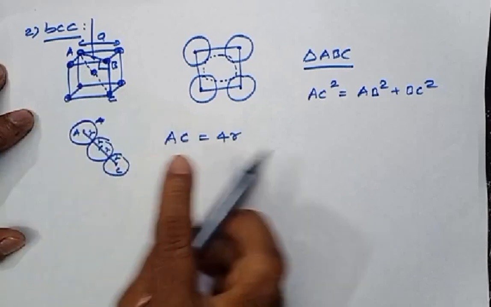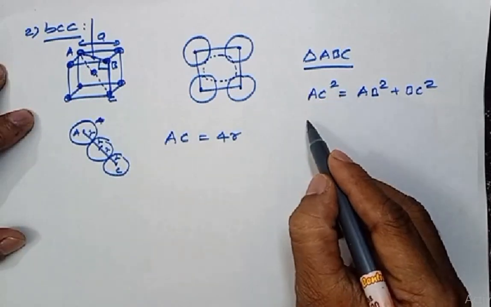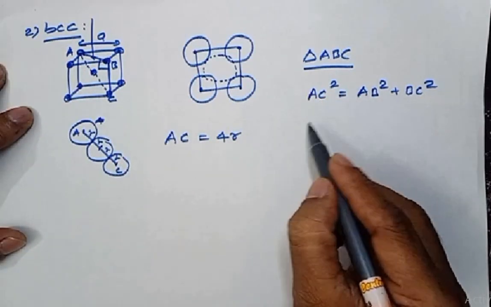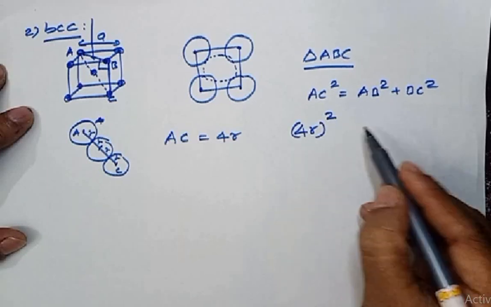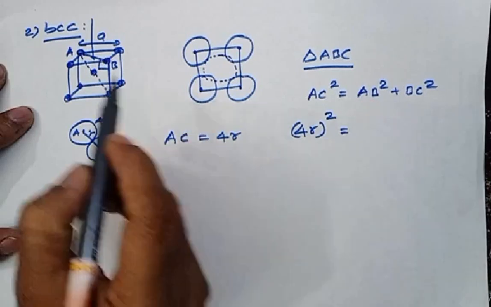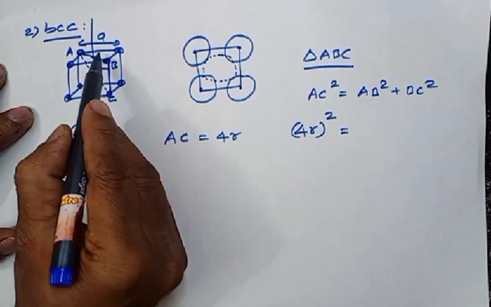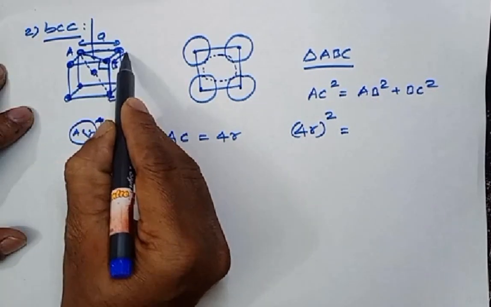What is AC? AC is equal to 4R. So 4R square equals AB square plus BC square. What is AB? Listen, this length is a, this side length is also a.